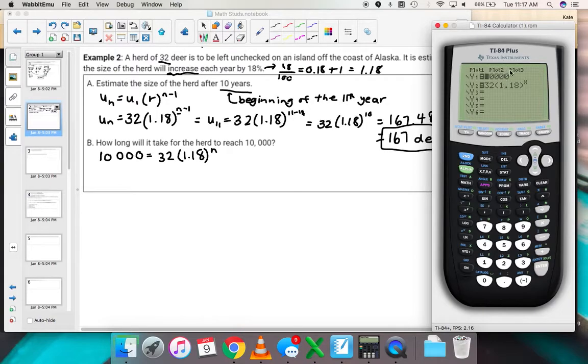So in Y1, you're going to enter 10,000. In Y2, you're going to enter the equation here, 32 times 1.18 to the power of n. In this case, we'll call it x. And you're going to press graph. What might happen is you may get a window that looks more like this. This is your default window here.